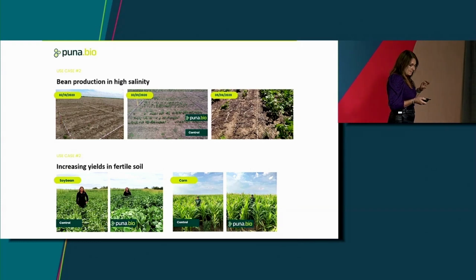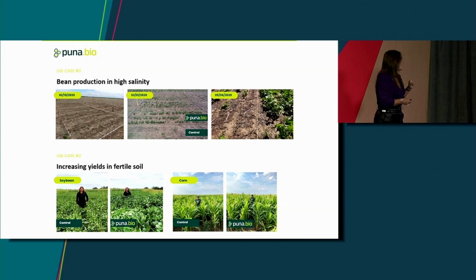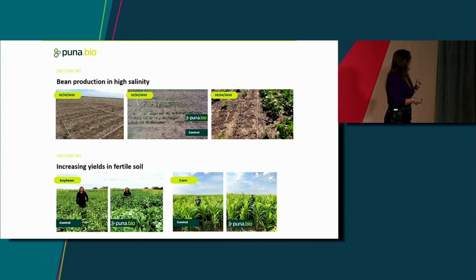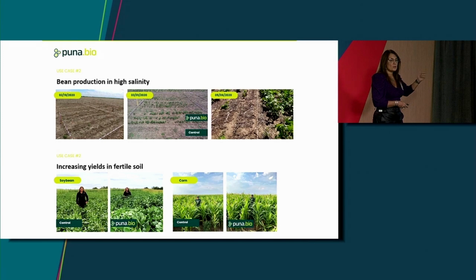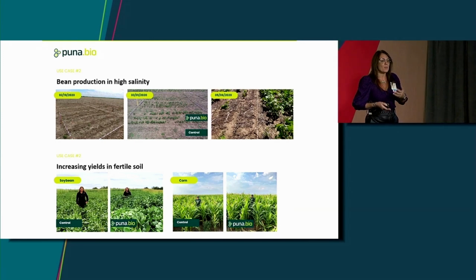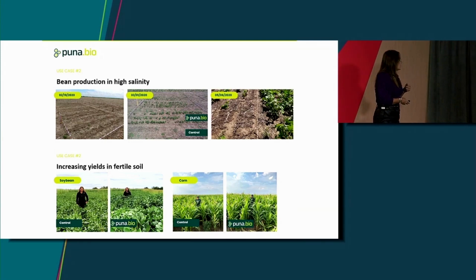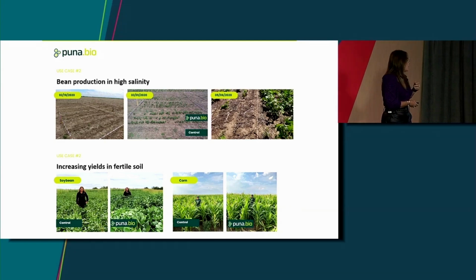This is some trials made on degraded soils where the control didn't grow at all. And in fertile soils, you know, in the Pampas, we have one of the most fertile soils on earth. You can see the control in soybeans versus our product, and it also happened in corn.